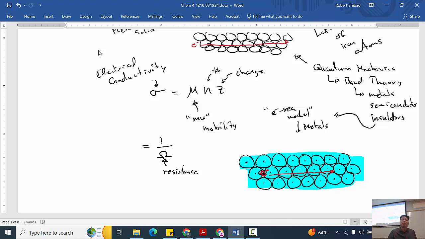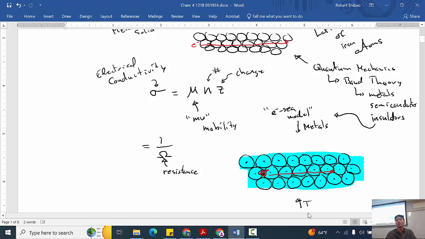So does hot metal have higher conductivity or lower conductivity? If I increase the temperature, what's going to happen to the conductivity? If you increase the temperature, you're going to get more vibrations. If you have more vibrations, is the electron going to have an easier time or a more difficult time going across? More difficult.